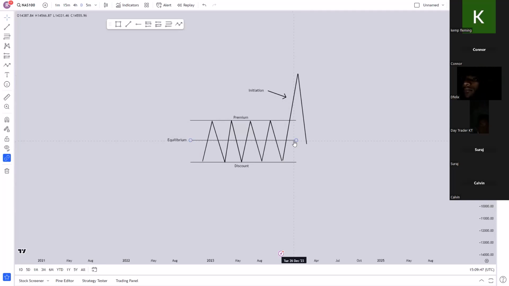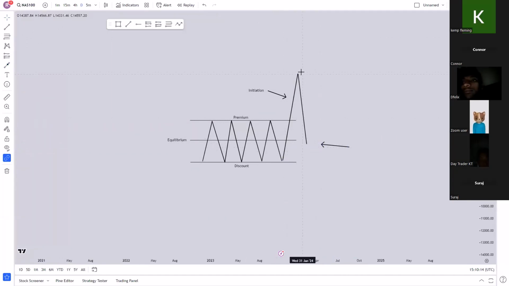So if the buyers were to overpower the sellers, we would see a huge injection of demand resulting in a huge spike upwards. And after this huge spike upwards, we would then come back down and mitigate our demand level. And this zone here is actually called the mitigation phase.